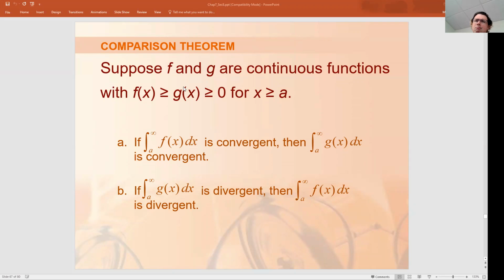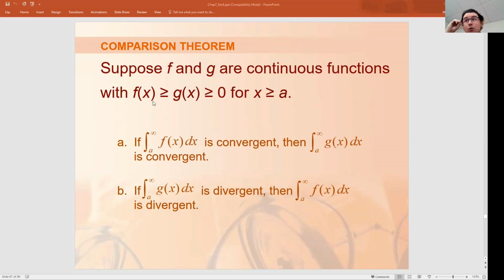We can say that, well, g of x is always smaller than f of x. So the integral of f has to be bigger than the integral of g. Well, that means if the integral of g of x from a to infinity diverges, if that's an infinite amount of area, well, then f of x has to be bigger than that for all coordinates x.